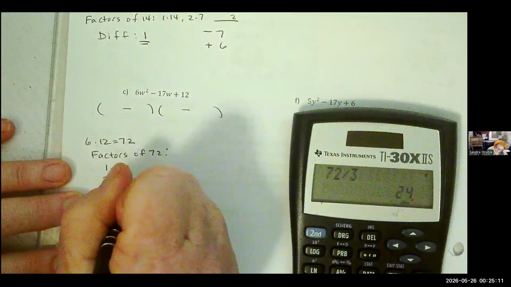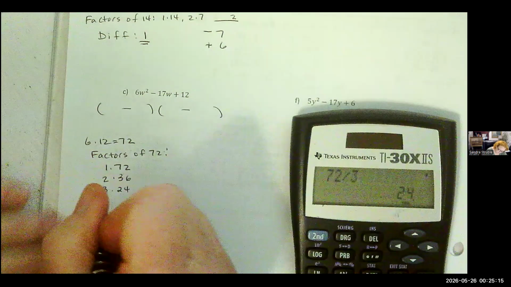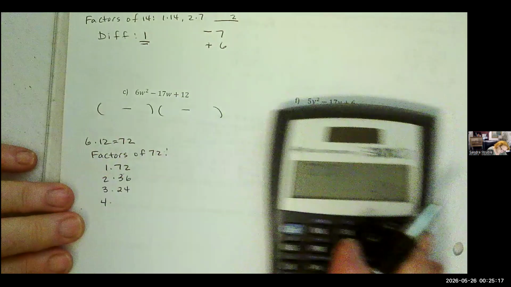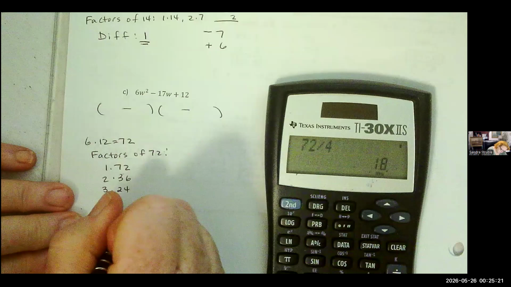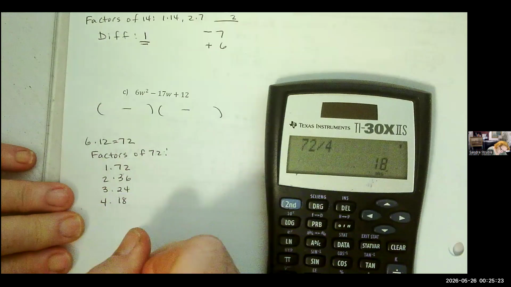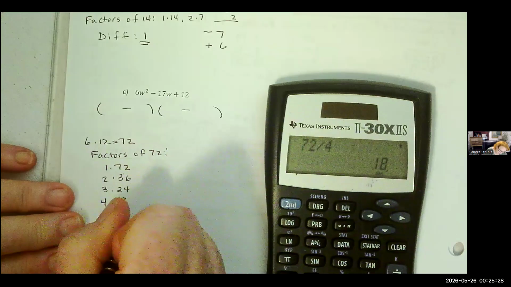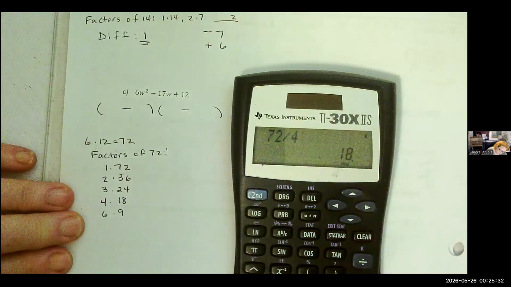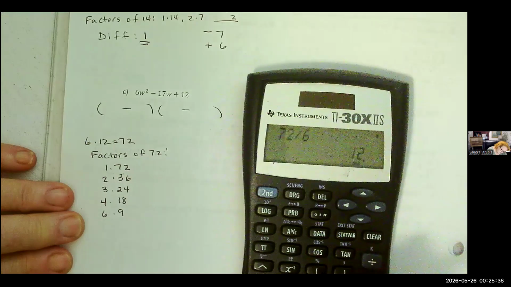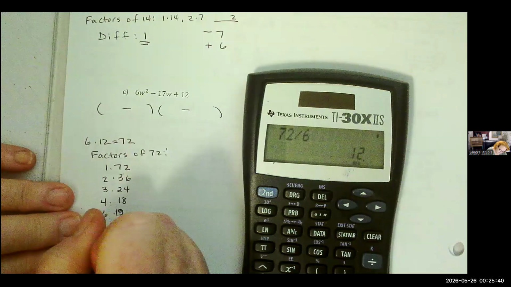And I know it's divisible by 4, 18. Not 5. 6. Yes. 6 times 9 is 54. So 72 divided by 6 is 12. 72 divided by 9 is 8.